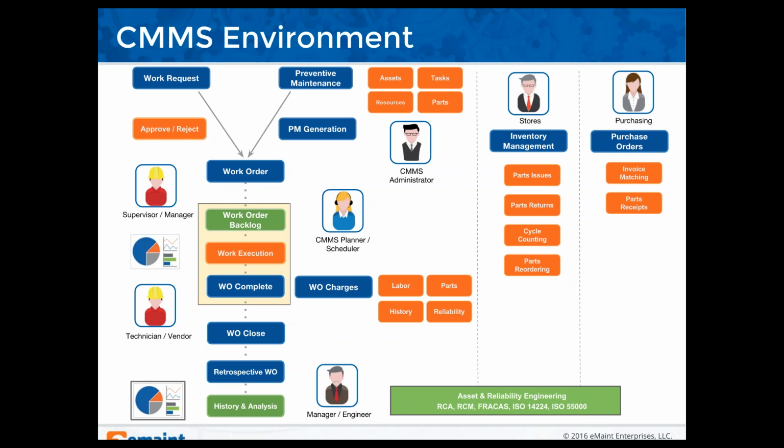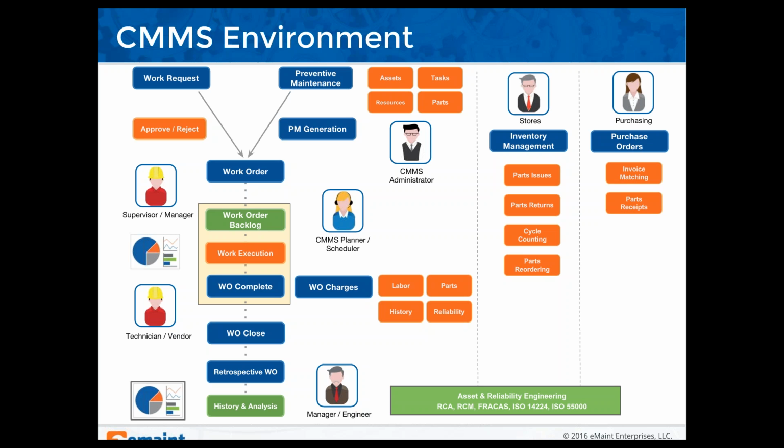So it gives an illustration of the world that CMMS software operates in, the business processes that come into play, and the roles and responsibilities of the particular users that might well be involved.